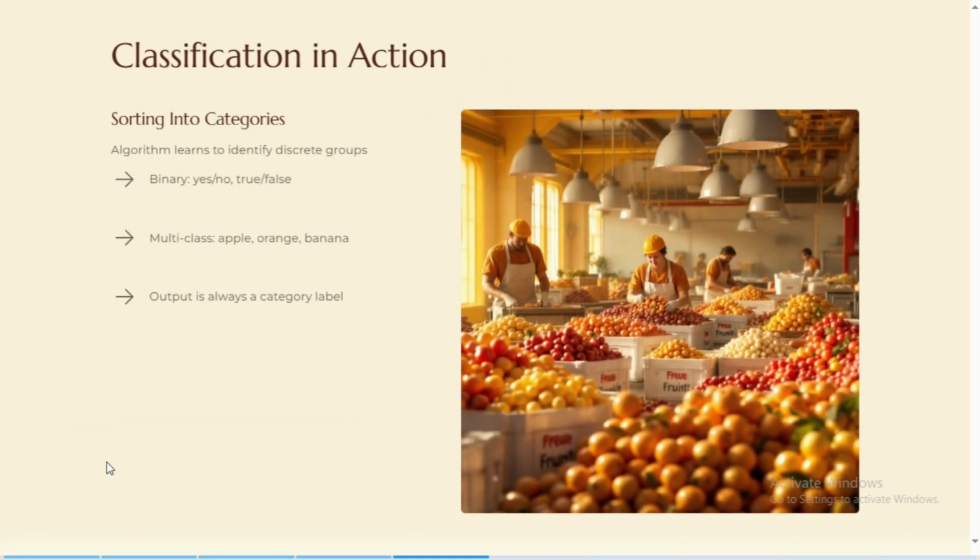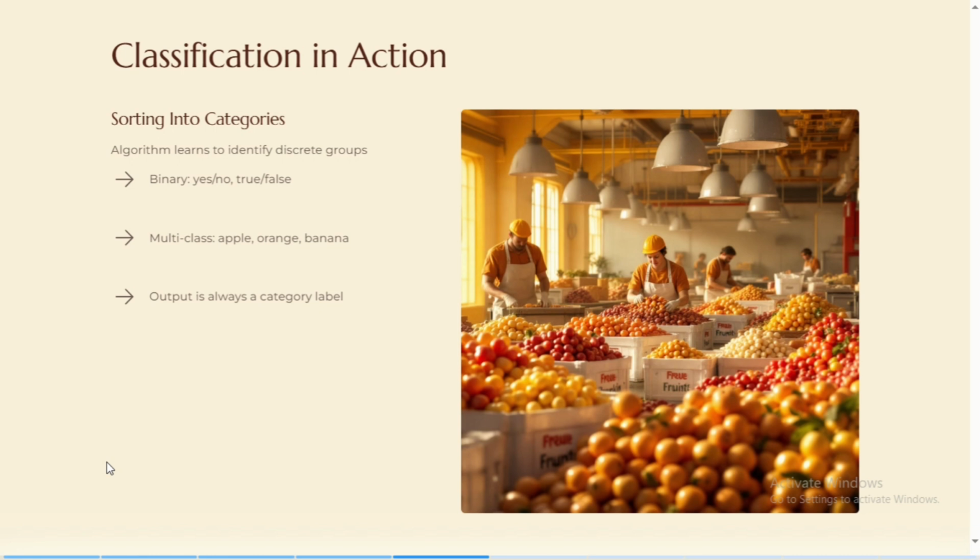Classification is used when the output is a category or class. We can take examples like email, spam or not spam, and then we can take image, be it cats or dogs, and then even patient, healthy or sick. The algorithm learns to identify the discrete groups.